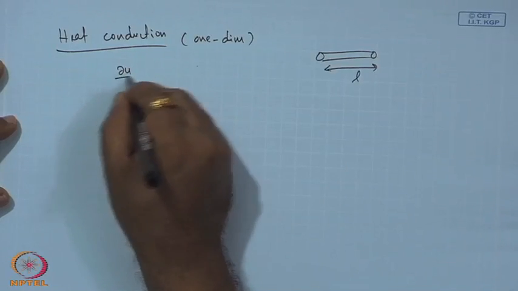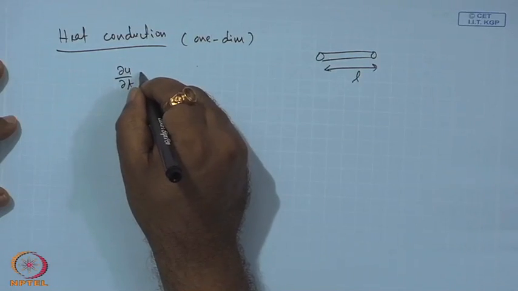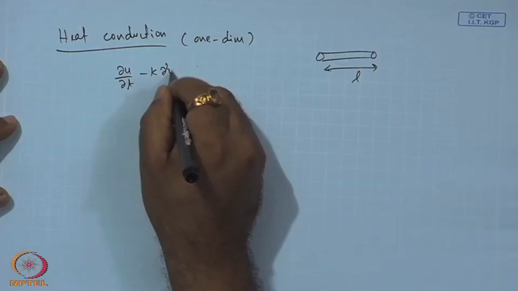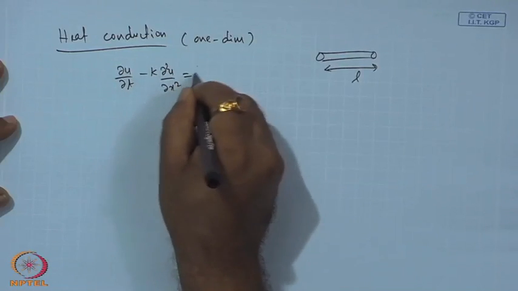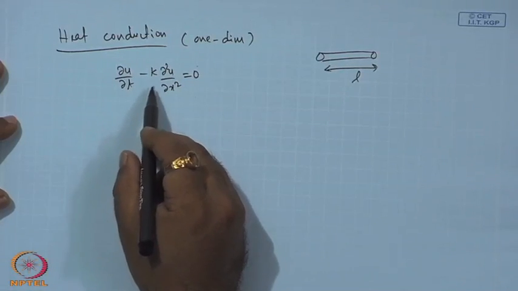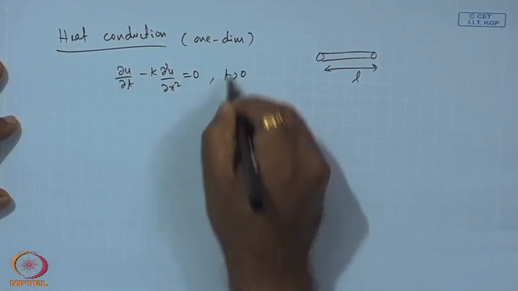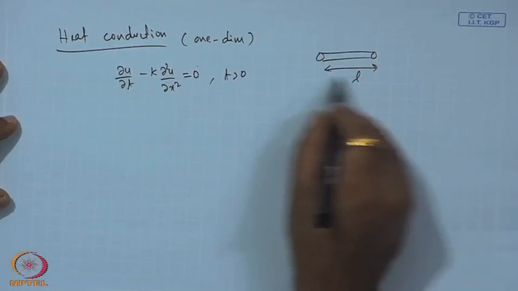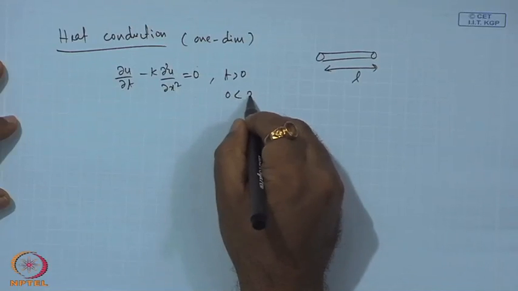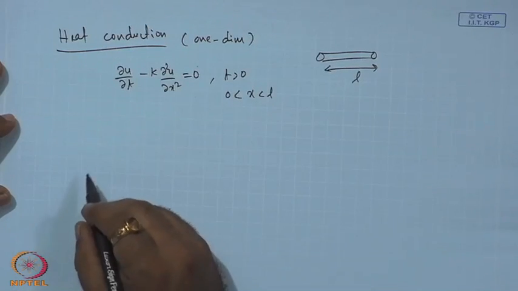I am not giving the derivation, as I mentioned, this is our equation. K is the thermal conductivity coefficient, and we are discussing within a specified length.